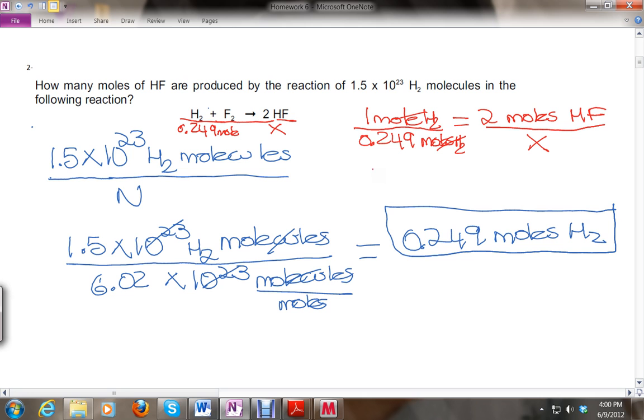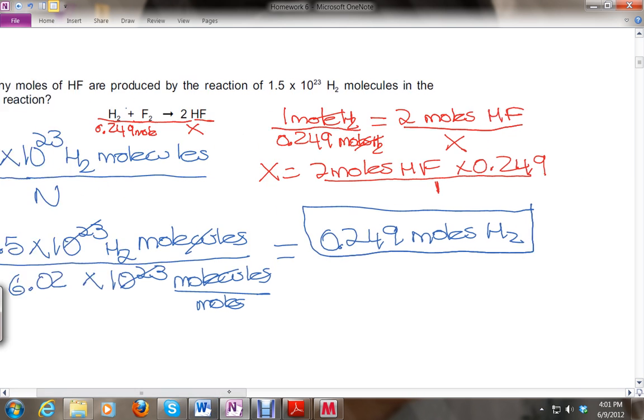So how do we calculate? We cross multiply. If it's here, it goes down. If it's here, it goes up. So X, let's leave it by itself, is going to be 2 moles of HF multiplied by 0.249 divided by 1, because that's the one that is up here.